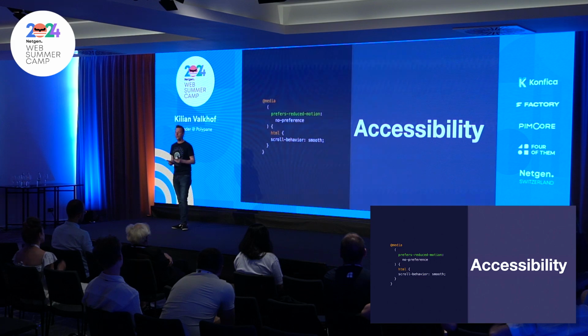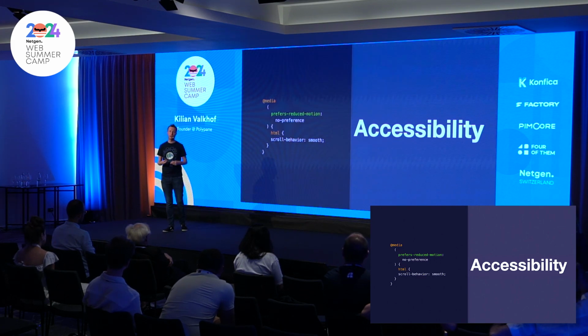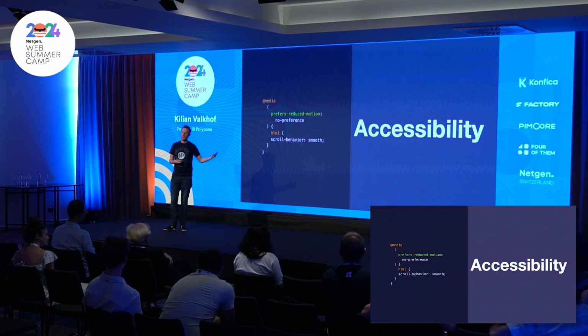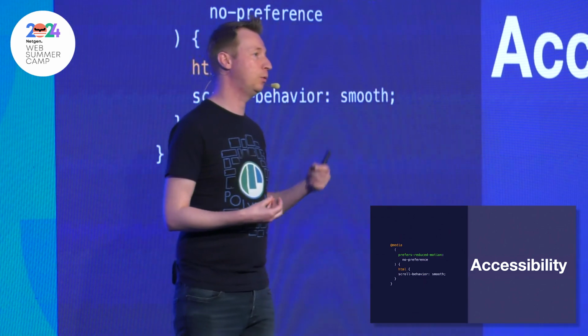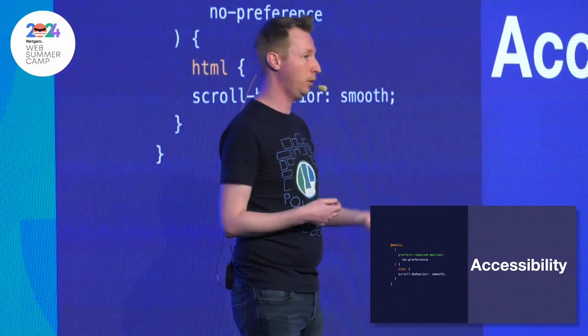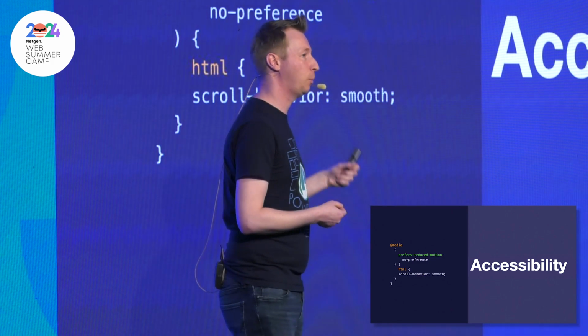And that means that we can use prefers-reduced-motion, which is a media query that will toggle depending on user settings on their device. It can be either reduce when people don't want motion, or no-preference when they don't mind motion. So what we're going to do is we're only going to turn smooth scrolling on when the user doesn't mind motion.